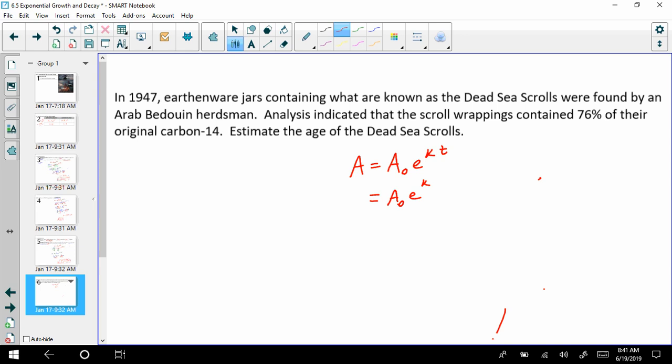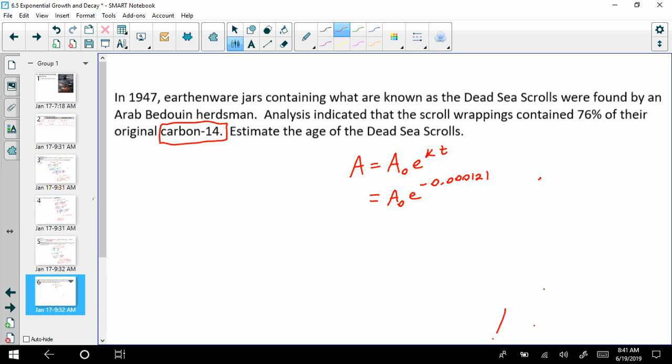Or do I? Tricky, tricky. Notice here, this is kind of a continuation of the previous problem. Because I'm dealing with carbon-14, and that was the element I was dealing with in the previous problem, I do know k. It's the negative 0.000121. It's the same element.